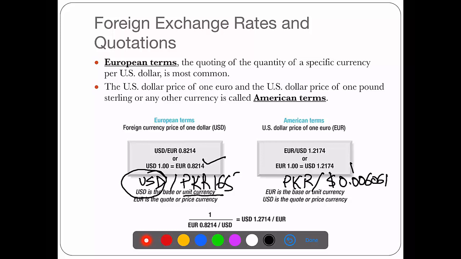So this is where the base currency is any other currency, and we are trying to buy the base currency with the price currency being the US dollar, then it is called the American term.